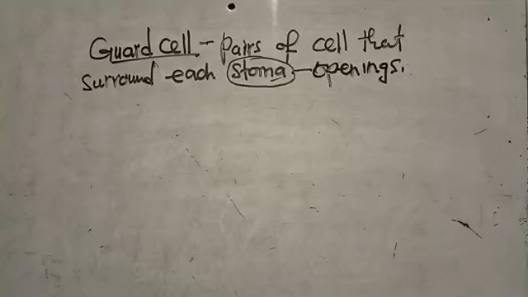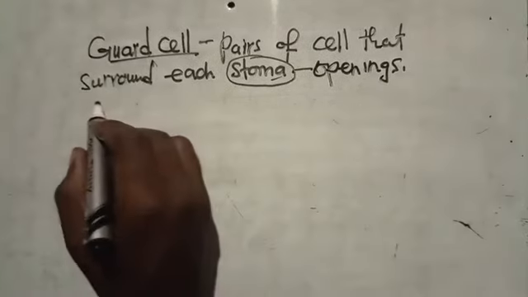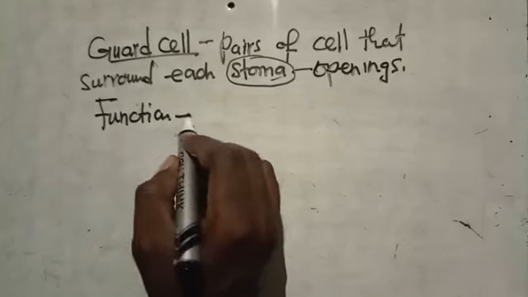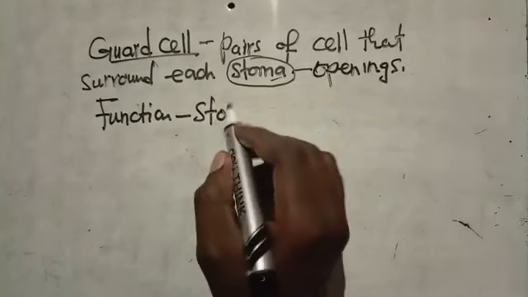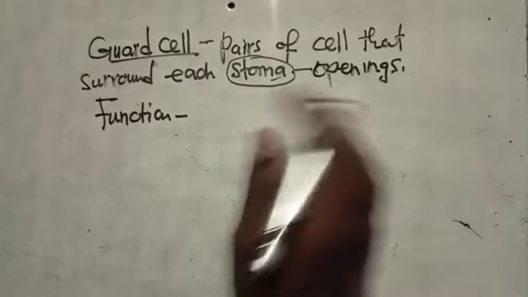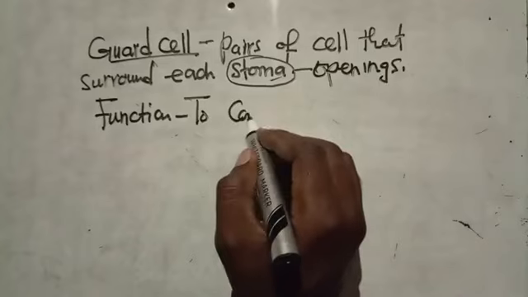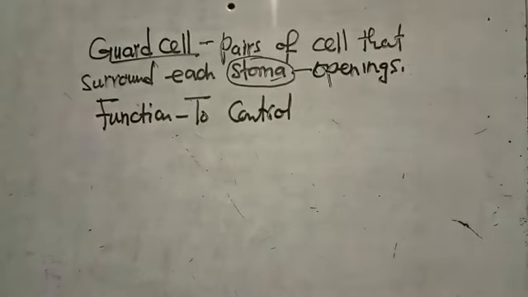And one of the functions of these cells is that they get to control the size of the stoma. The good part is that even as we advance, you are going to understand these better.